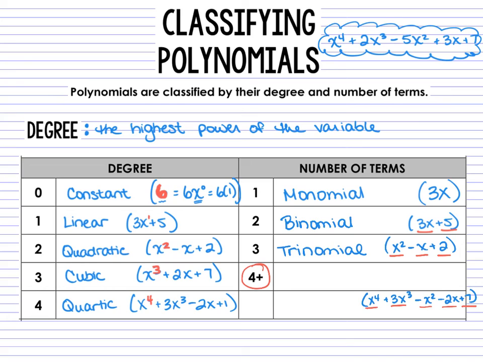But any polynomial with 4 or more terms is going to be a polynomial. Poly meaning many. So we only specify if it's 1, 2, or 3. Anything larger than that can just fall into that grouping of polynomials.